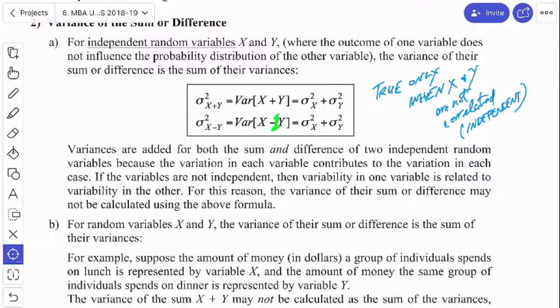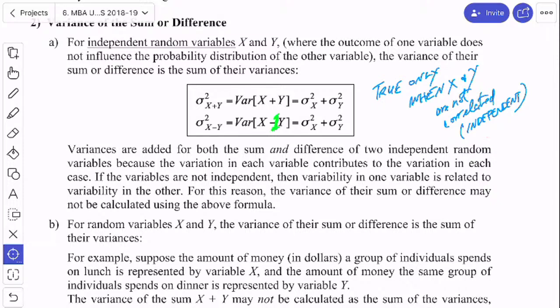So the variability of a portfolio of assets is the sum of the variability of the two assets. And it's the same for the case that I explained. If you have a portfolio and you remove one of the assets, the volatility or variability is dependent on both. It's a sum of both. All right, so all I have here is the sum of and the difference of variances if they're independent.